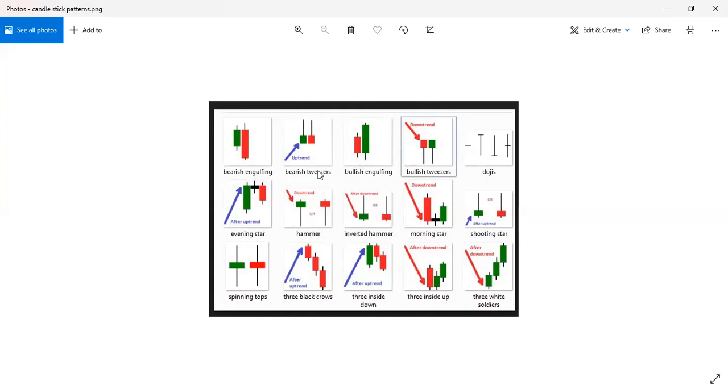So now you're looking at the tweezer bottom and tweezer top. Let me show you how the tweezer bottom and tweezer top look.